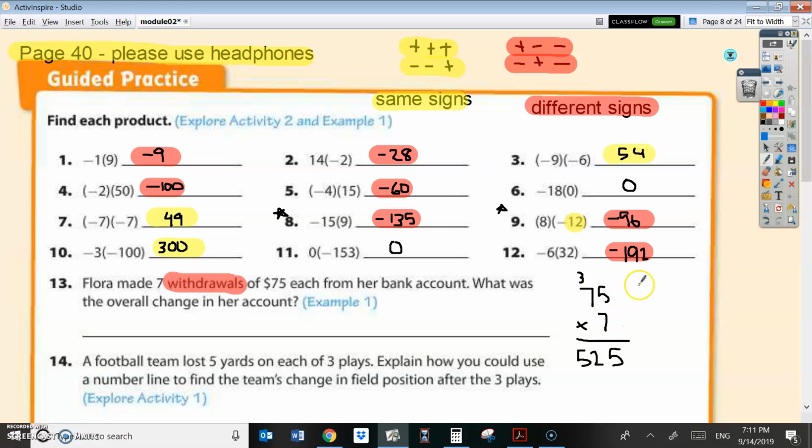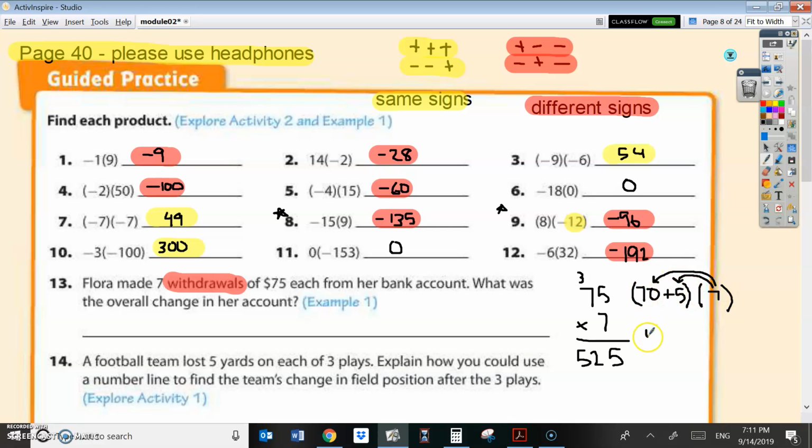Or you could do it like this. 70 plus 5 times 7. 7 times 70 and 7 times 5.